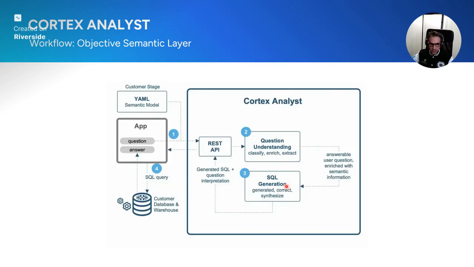So in the first step, that question is classified and routed with an LLM in order to understand that question and to transform that text into SQL. That transformation into SQL uses the semantic model and tries to infer the question as SQL.